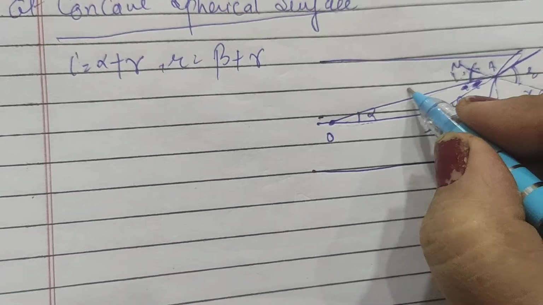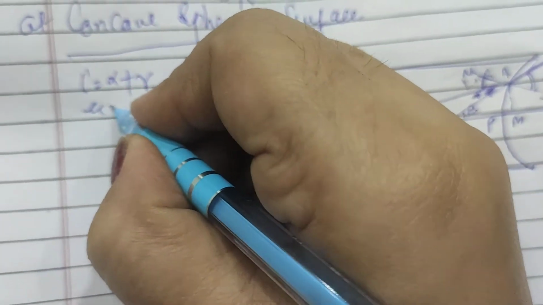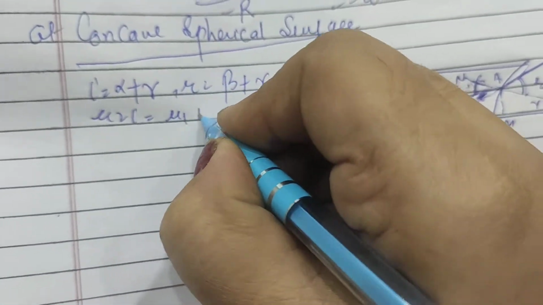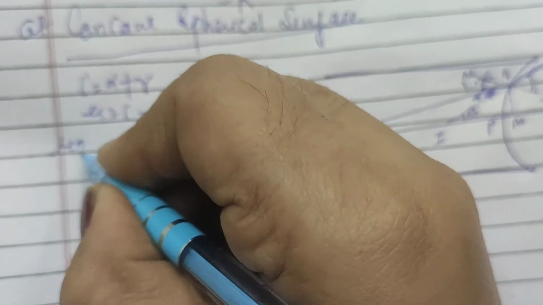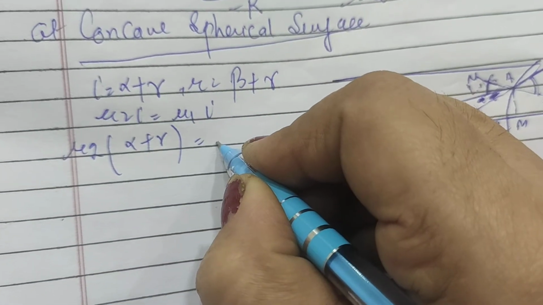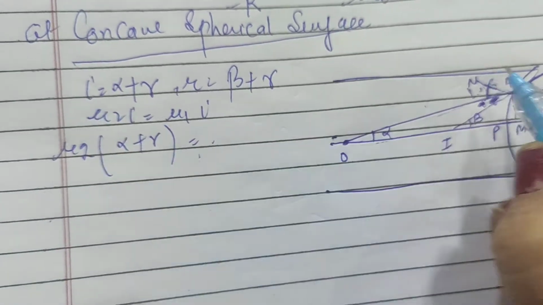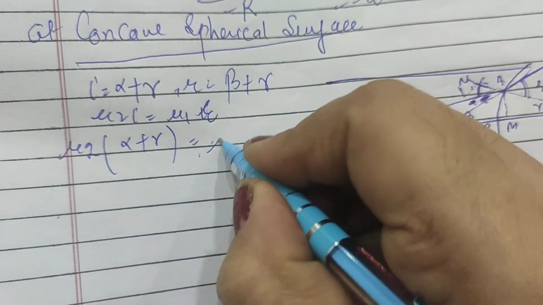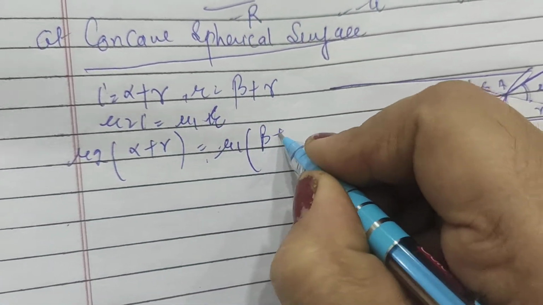Now using mu2 sin i, this is mu2 i is equal to mu1 r, and putting the values, mu2 times (alpha plus gamma) is equal to mu1 times (beta plus gamma).